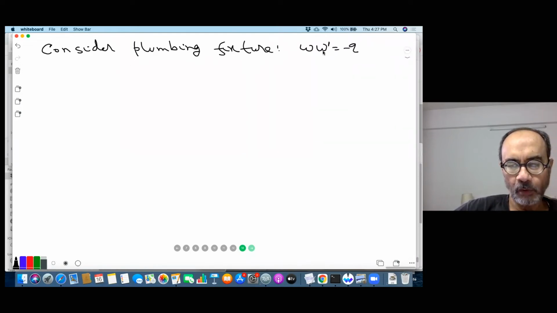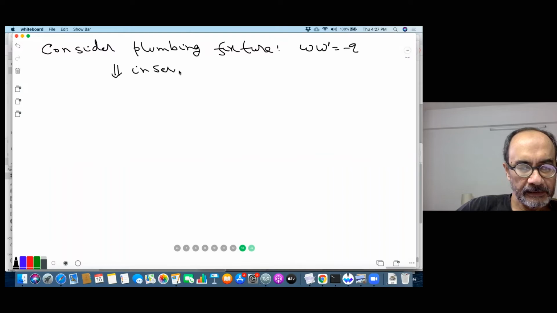Identify the local coordinates of two punctures by this relation. And as we have seen, this is a general property of CFT, whether it's bosonic or fermionic, it doesn't matter. It will insert the following in the correlation function.